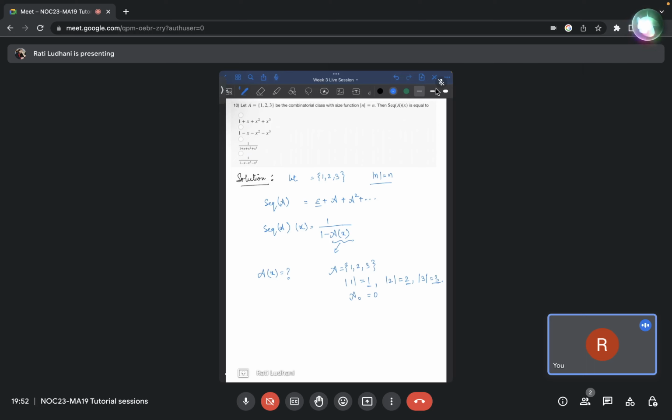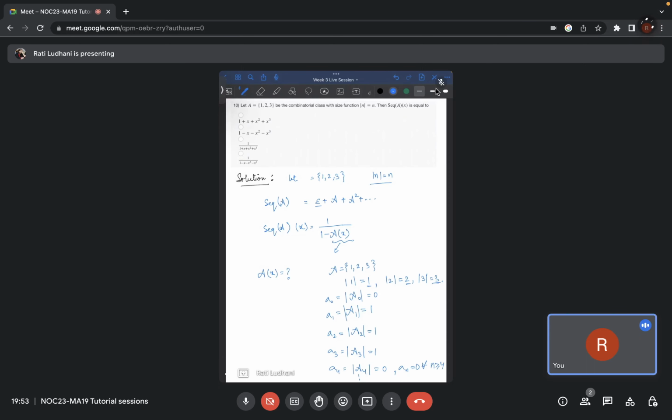For a1 you'll get 1 element in this set. This is the cardinality, which we write as a0, a1, a2. This is again 1, a3 is 1, and a4 will be 0, and everything will be 0 after this. So a_n equals 0 for all n greater than or equal to 4.